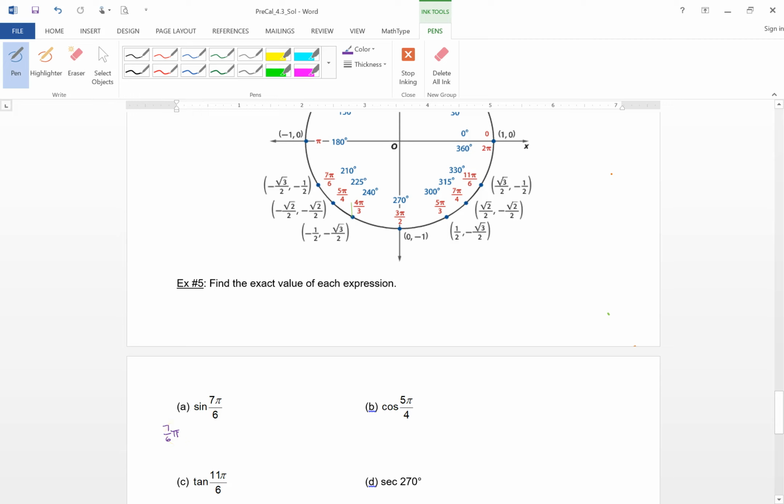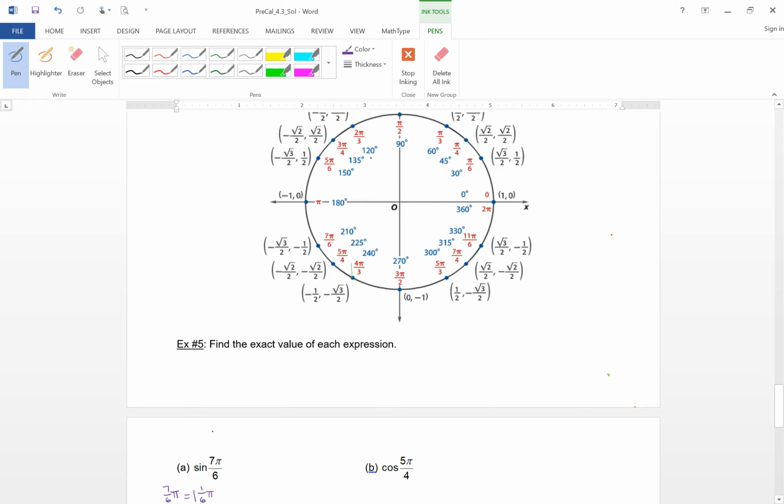In mixed number, this is 1 and 1 over 6 pi. That means if I go on the unit circle, I go a full pi, that's the 1, and then I'm going to go another 1/6 pi, which is just past that axis there.